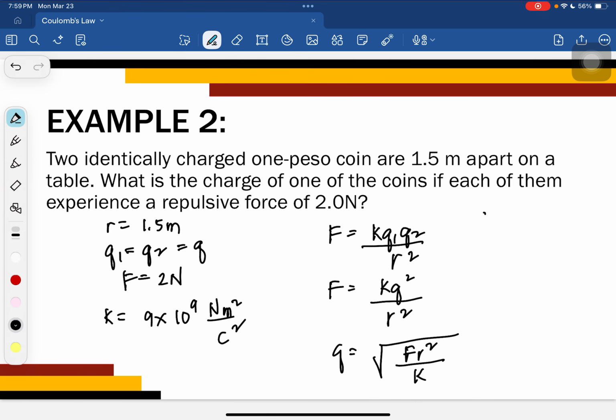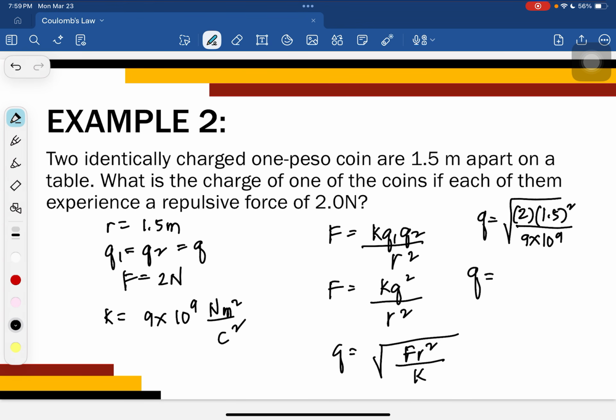And we substitute. Our Q now is equal to the square root of 2 times our R, 1.5 squared, all over K, which is 9 times 10 to the 9. And I'm getting Q, this is what I got. You can validate it using your own solutions.